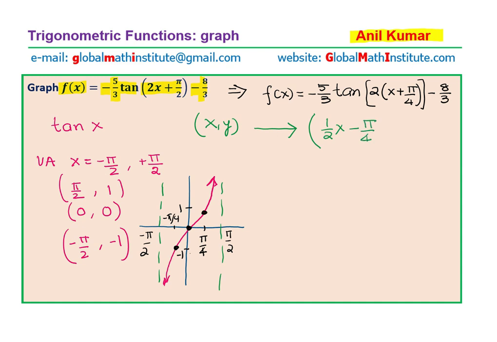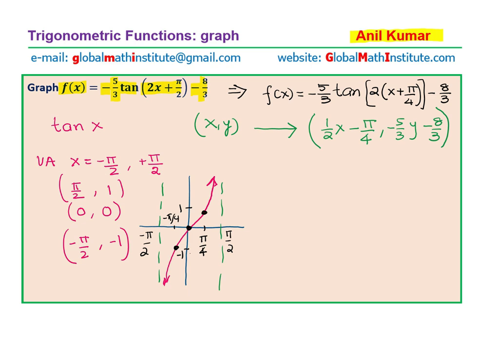So that happens to the x values. The y values get multiplied by minus 5 over 3, right? And then shifted down by 8 by 3. So that should give you the transform points. Is that clear to you, right?